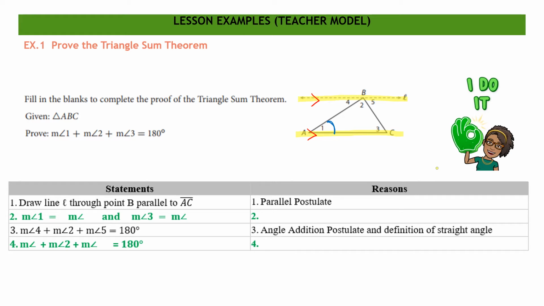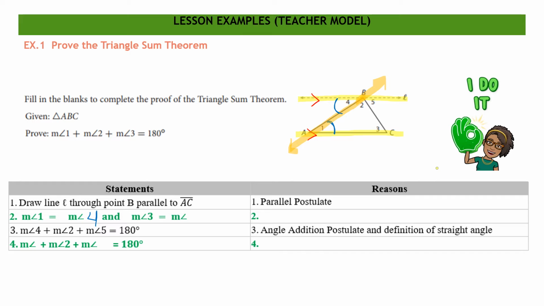And if I notice here, I also have some transversal that's created. And if I extend this out, we see that transversal is created with angle 1. So if I know that there's a transversal created here, intersecting with the 2 parallel lines, and I see that angle 1 is here, I can state that angle 1, given this transversal, is congruent to angle 4.